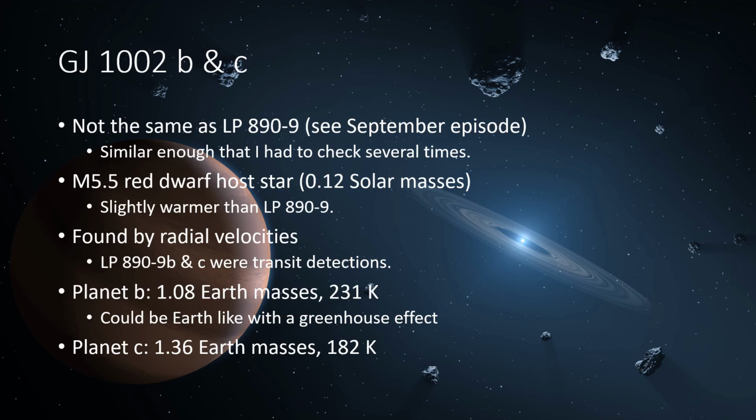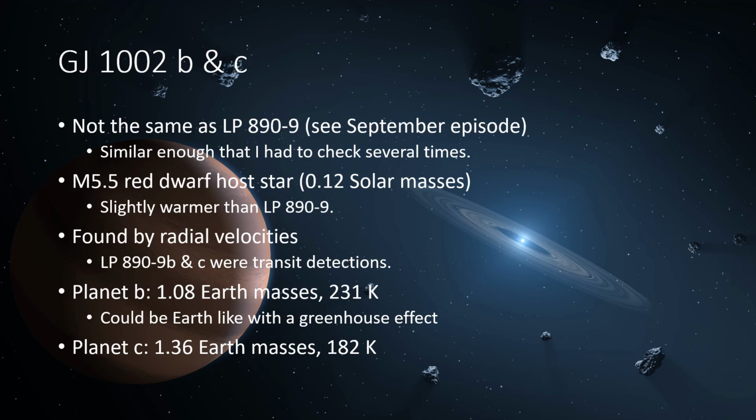It was also a red dwarf star that hosted two Earth mass planets in or near the potentially habitable zone. But I had to check a couple times to make sure this is a different star and a different detection method. These planets were found by radial velocity, not transits.